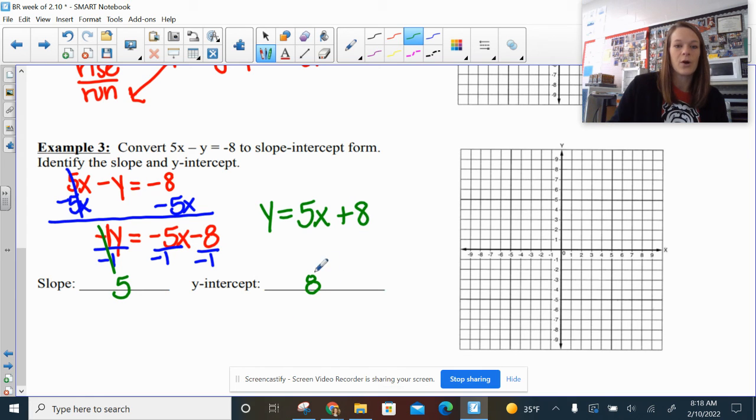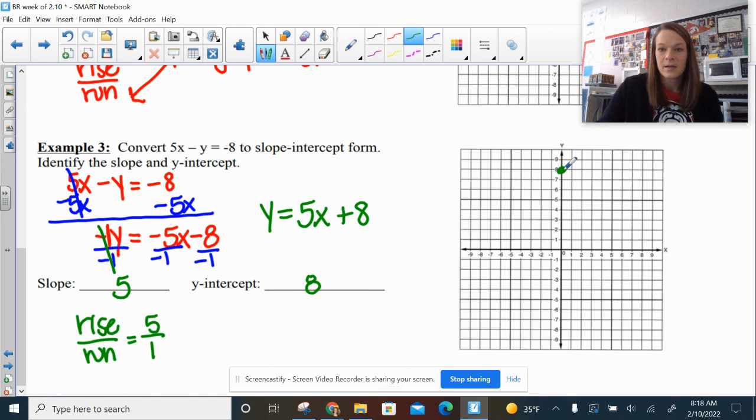So starting at the y-intercept, going to 8, and putting a dot, and then using rise over run. If it's just a 5, we put that as 5 over 1. Now, I can't go up 5. I'm going to run out of room. So I have to go down 5. 1, 2, 3, 4, 5.